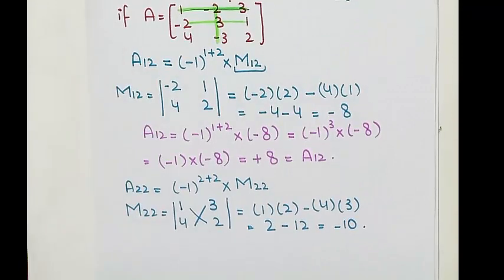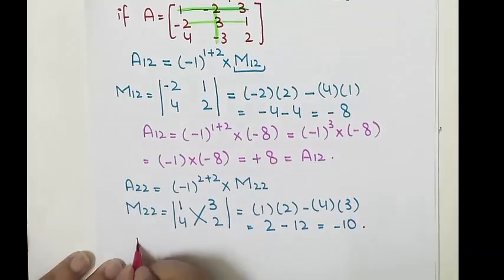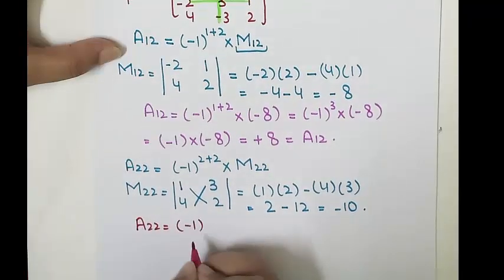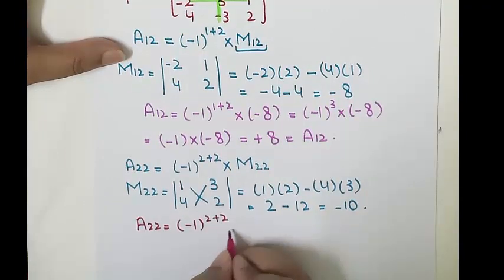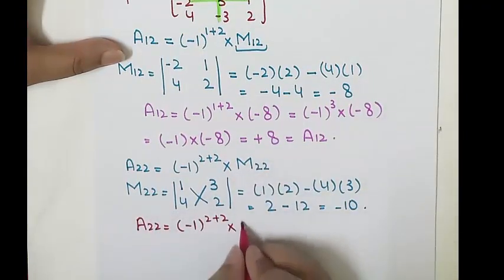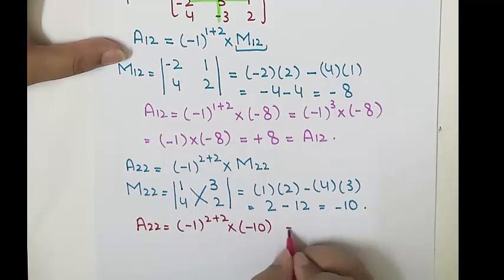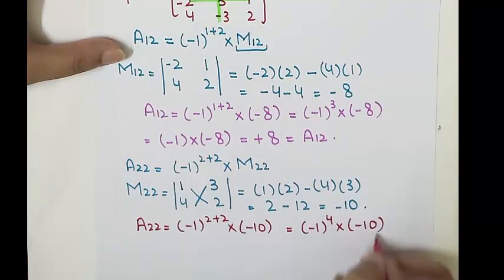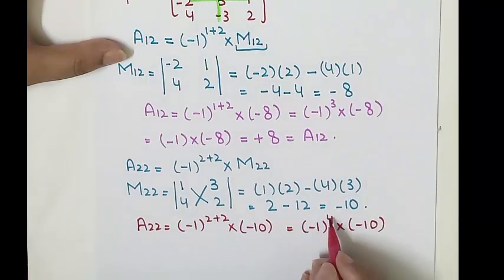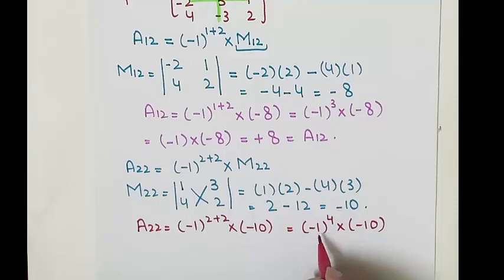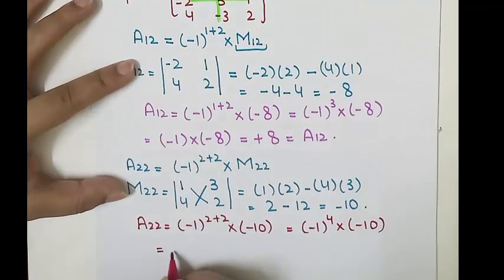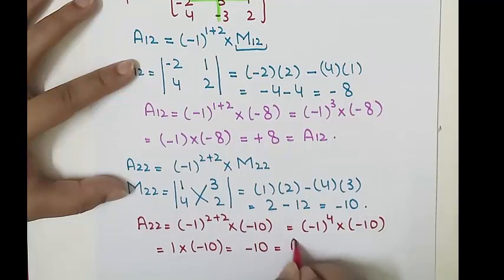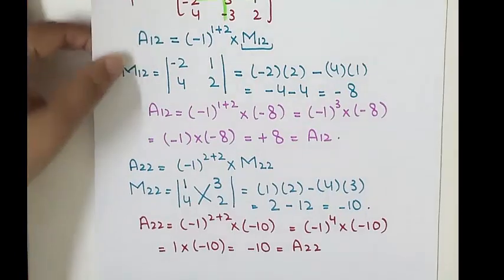Okay, so now to find the cofactor A22, this is equal to (-1)^(2+2) into M22, which is -10. 2 plus 2 is 4, multiplied with -10. So (-1) to the power 4 is positive 1. So 1 into -10 is equal to -10, which is the value of cofactor A22.